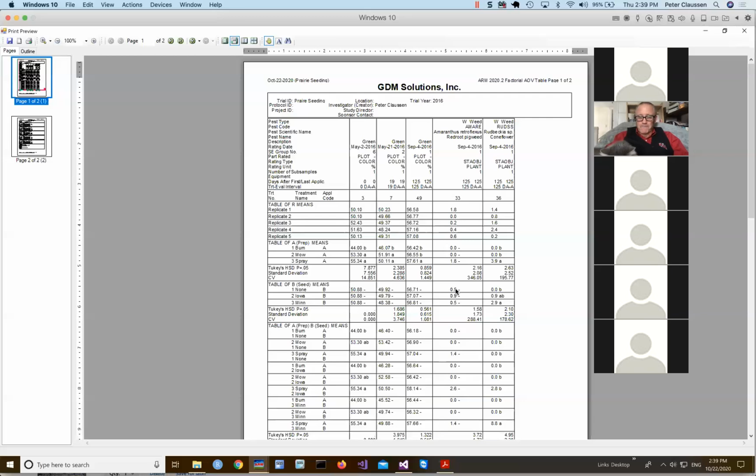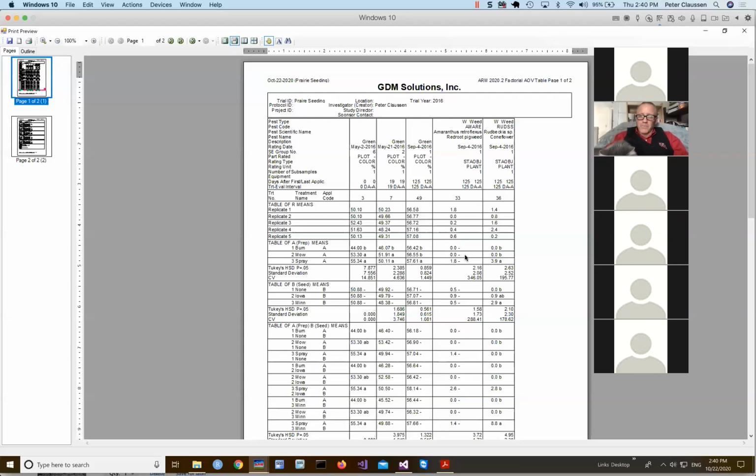And it's nice that I get no difference at the seeding level for these weeds. I can't say that there was a difference in preparation, although it is suggestive that the spraying didn't really control pigweed when I sprayed it, but the burning and the mowing knocked out the pigweed.